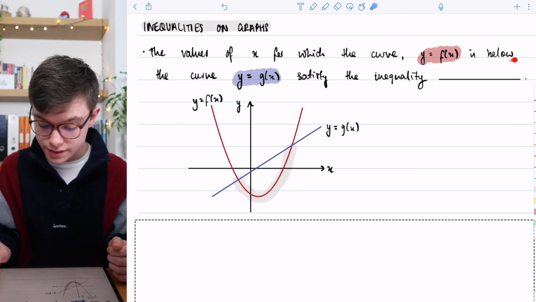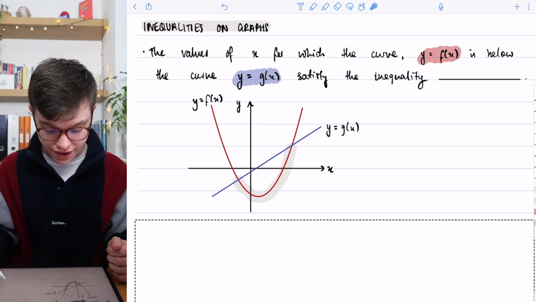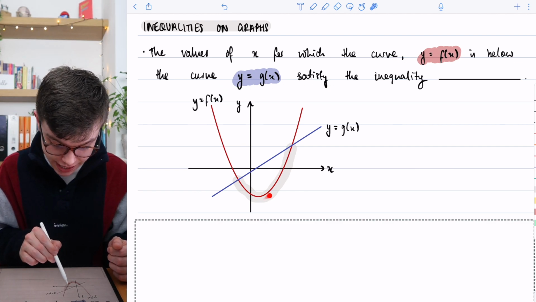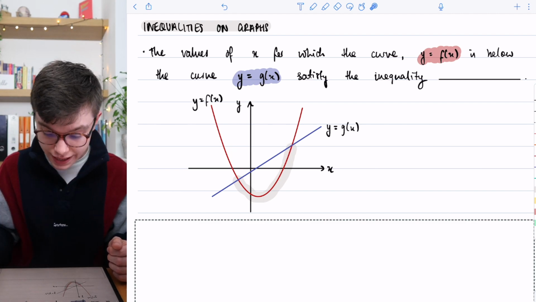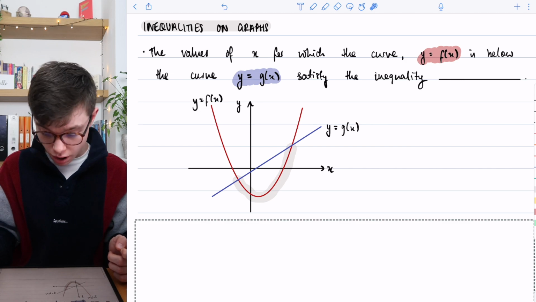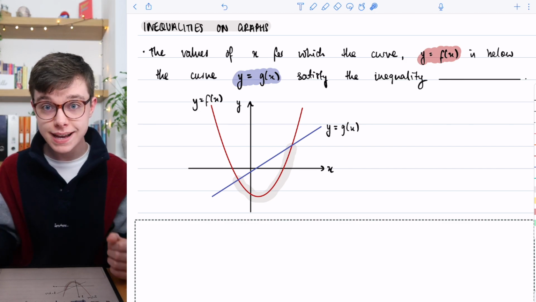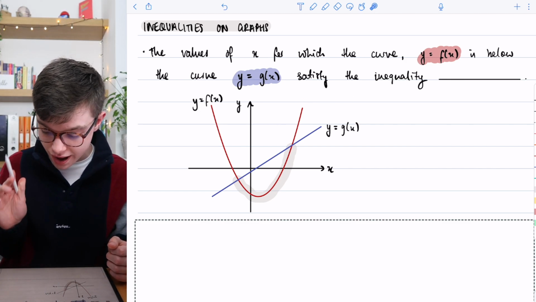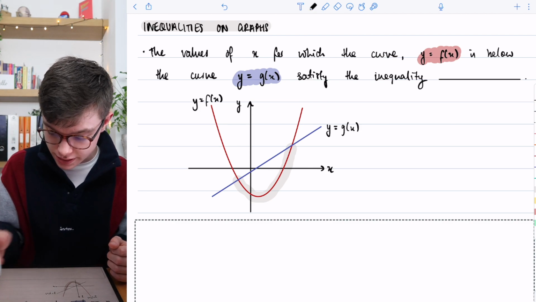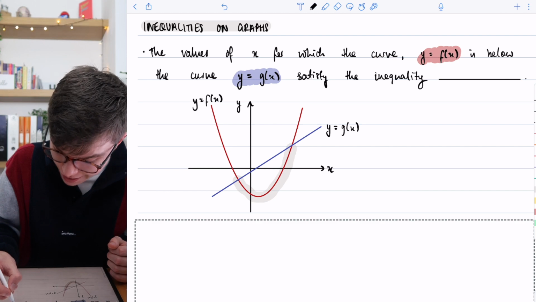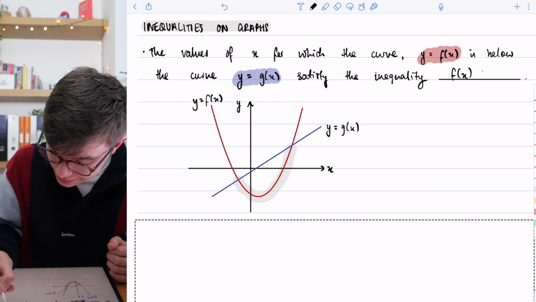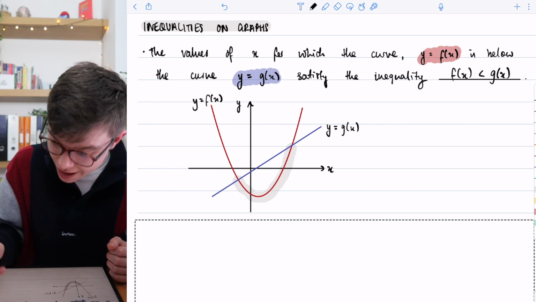We want, for this first example, where it's below g of x. So we can see here, okay? That's what we've got there. Now, what is that inequality? What's that going to be satisfied by? Well, it's going to satisfy this inequality, and satisfy just means make it true. It's going to say f of x is less than g of x, okay?